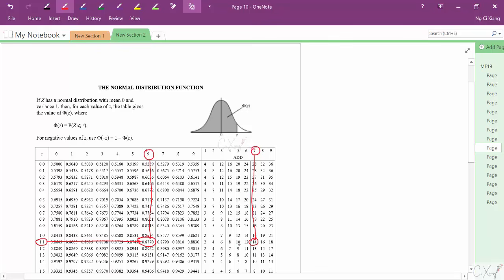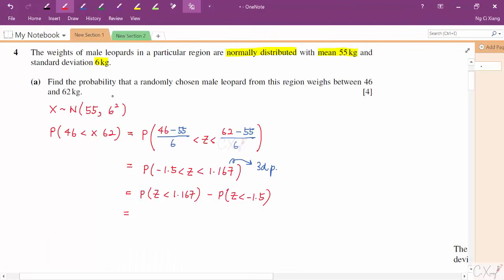If you take 14 plus 8770, you get 8784. So for this value, we have 0.8784. Then I put a minus.